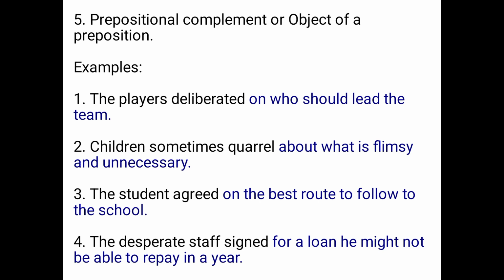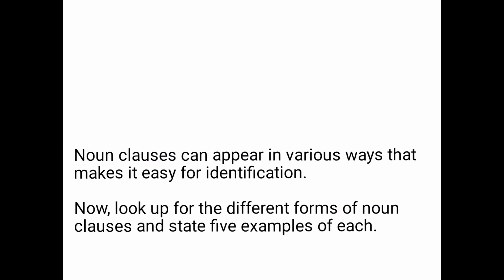And when that happens, you're going to look out for the function of the noun clause in that sentence to find out what it represents, whether it is the subject, the object, the complement of the verb, or the object of a preposition. So I want you to look at the examples that I gave. You would understand that the words that introduce the noun clause appear in different forms. So the noun clause appears in different forms.